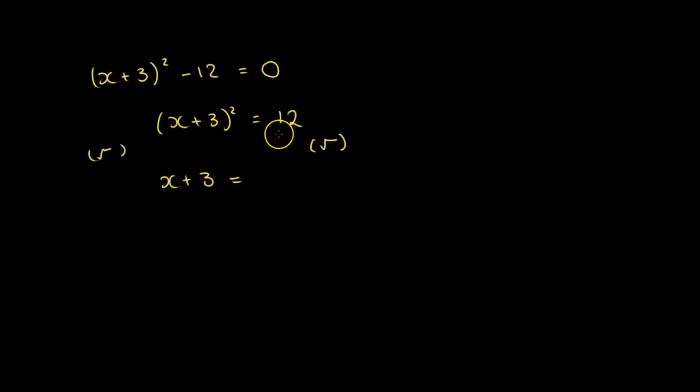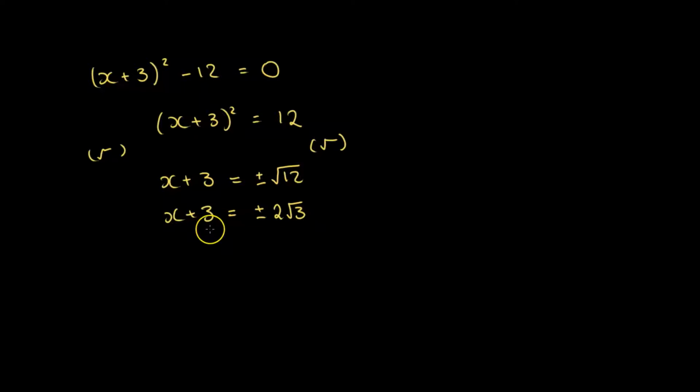Remembering that when we square root a number, we can find the positive and the negative root of it. So this becomes root 12. And we can simplify this root 12 even further. We can say that it is equal to plus or minus 2 root 3.